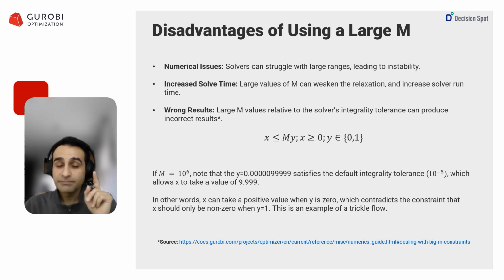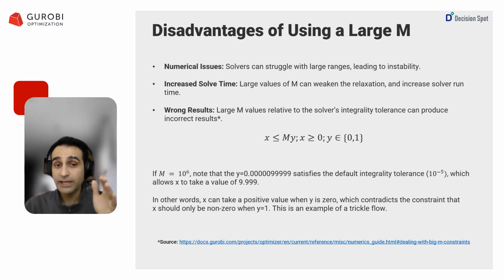While Big M is a powerful tool, one of the most common mistakes is using an excessively large value for M. The instinct is often to make M a huge number, thinking this ensures the constraints always hold. However, this can cause serious problems. First is numerical instability.